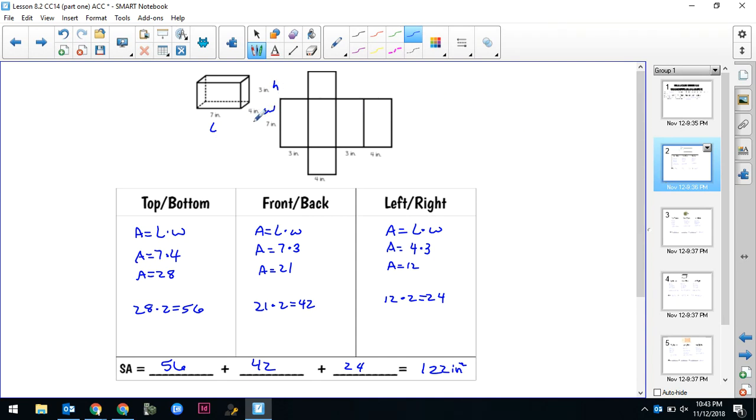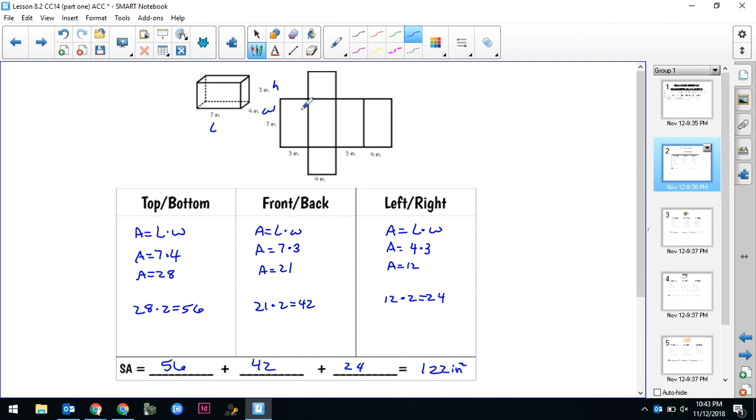I want you to brainstorm with your group. Is there a formula for surface area of a rectangular prism where you use the letters L, W, and H, where maybe we wouldn't have to set up all these tables and find all these different numbers and find the surface area, but instead, just like where we did with the parallelogram and found A equals B times H, or with a square, A equals S squared.